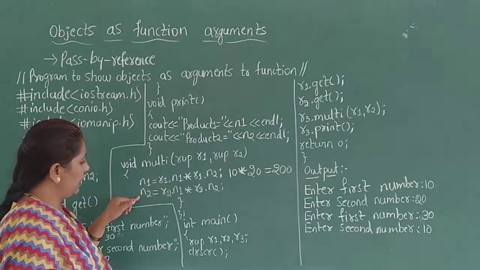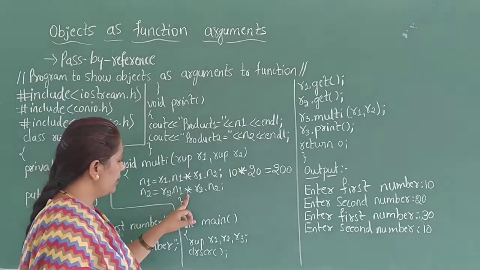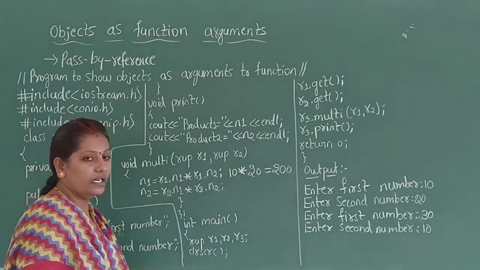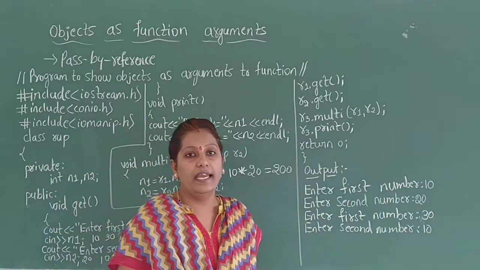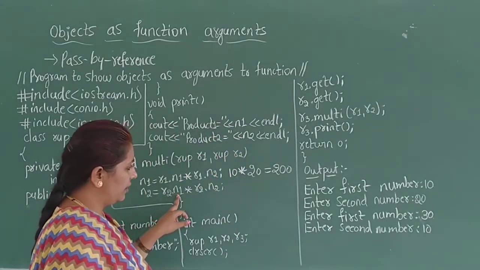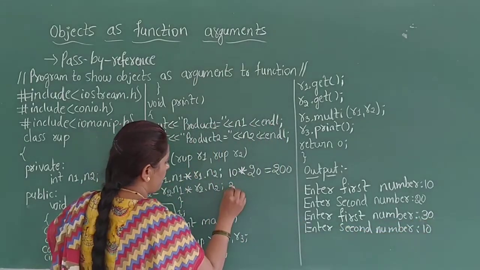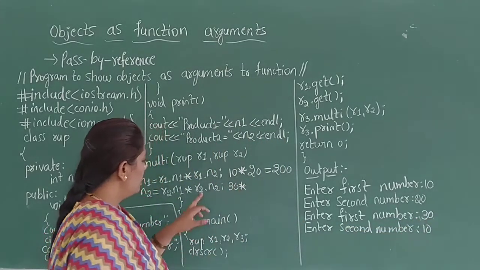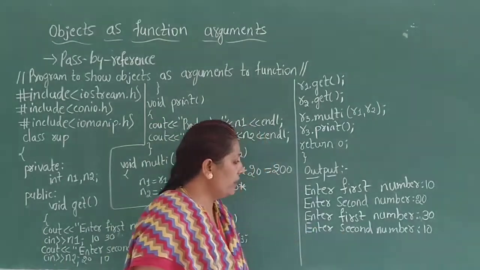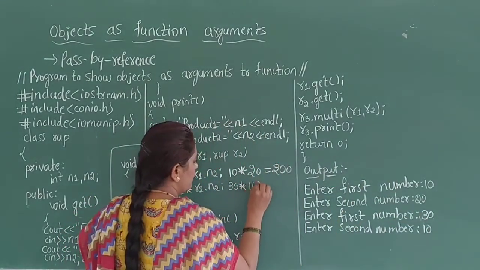The next statement is N2 is equal to R2 dot N1 into R2 dot N2. In this statement, we are referencing the second object address. The R2 dot N1 value is 30, into R2 dot N2, the second object reference value, which is 10.